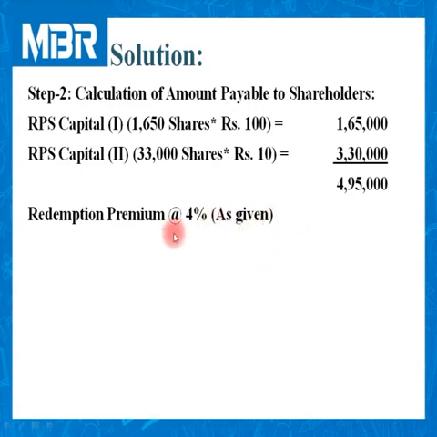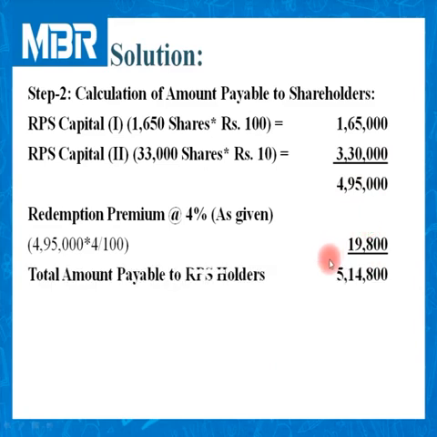Now, we need to redeem both types of RPS at 4% premium. So 4,95,000 total amount payable as capital multiplied by 4% is equal to 19,800. 4,95,000 payable as capital, 19,800 rupees payable as redemption premium. So total amount payable to RPS holders is 5,14,800.